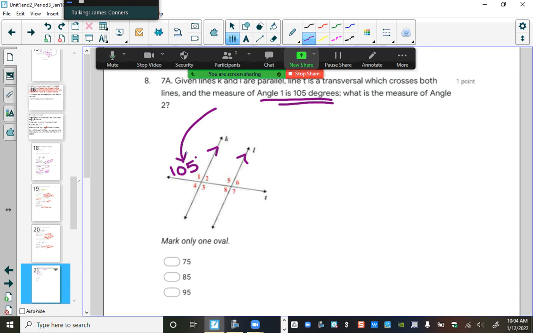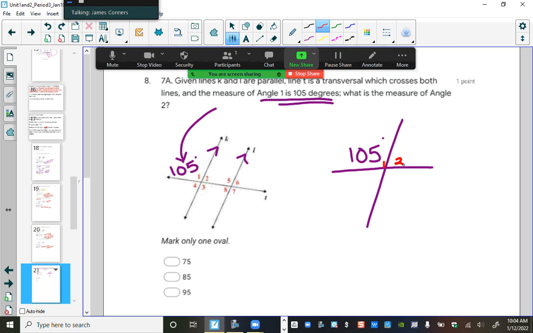Angle 1 is 105 degrees. We need to figure out the measure of angle 2.